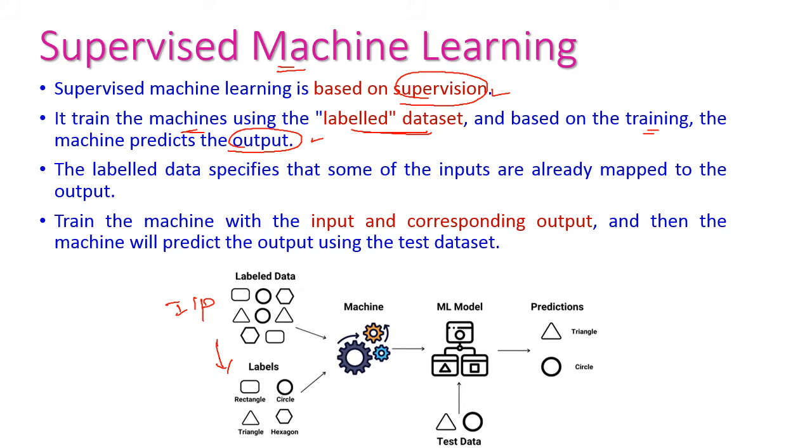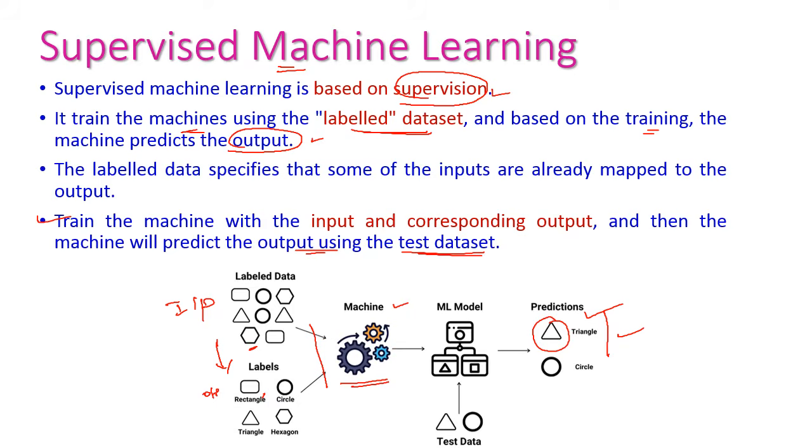Then the machine learns those data and has to give the output. By mapping the input and output data, or by mapping the raw data with its label, it predicts the corresponding output, and after that the trained machine has to predict the output by using the test data set.